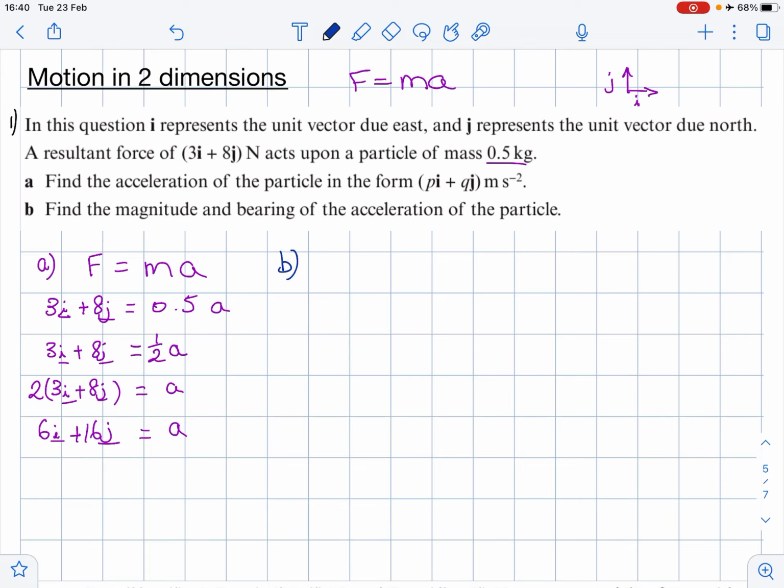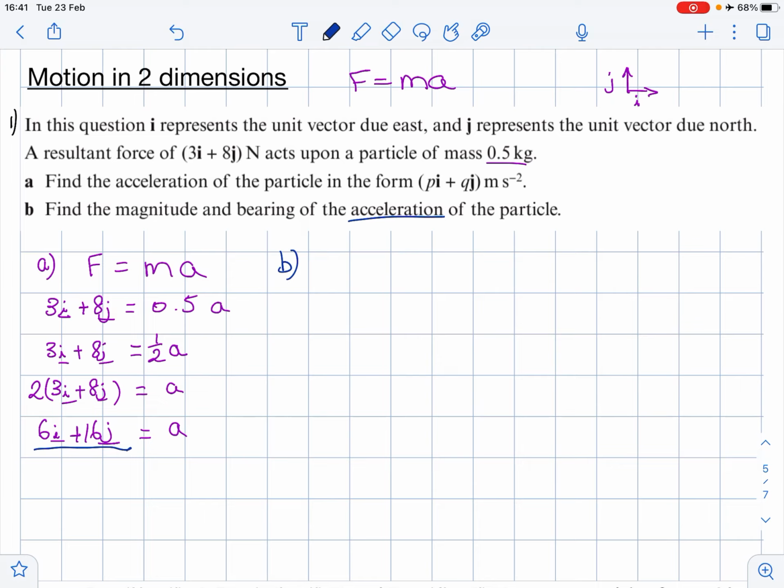Find the magnitude and the bearing of the acceleration of the particle. To find the magnitude, let's sketch our diagram. We are finding the magnitude and bearing of the acceleration. So this is our acceleration vector.